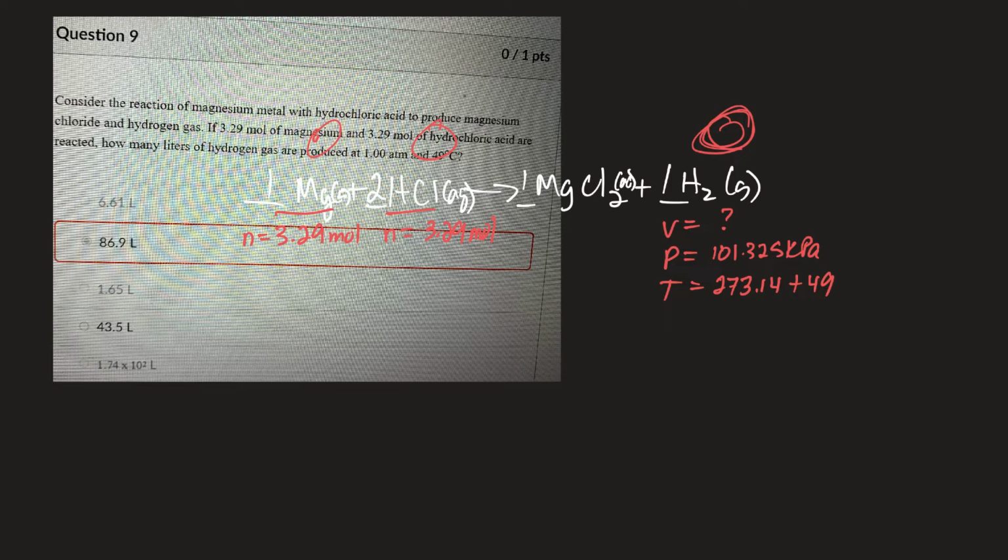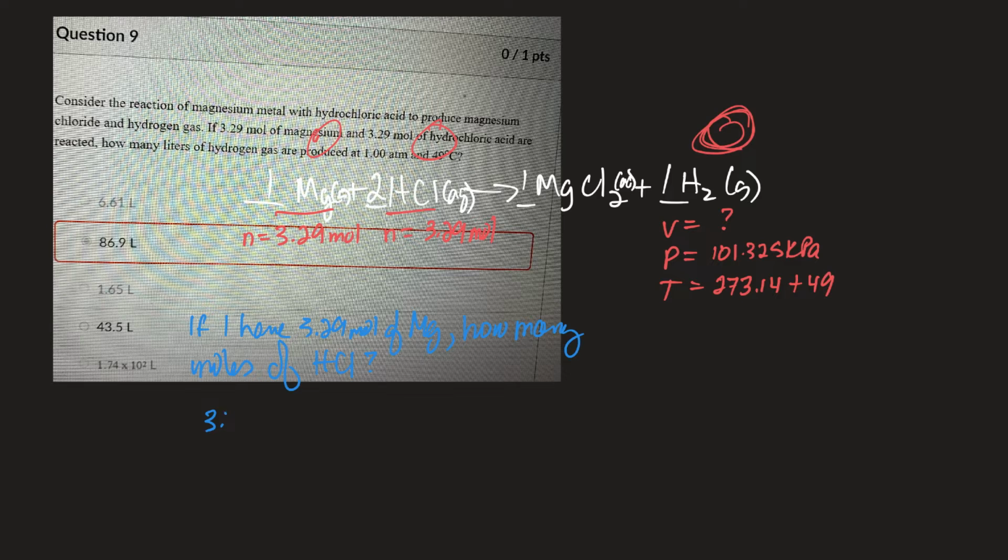So let's start with magnesium. So if I have 3.29 moles of magnesium, how many moles of HCl would I need? Okay, and I just do a simple mole ratio thing with that.